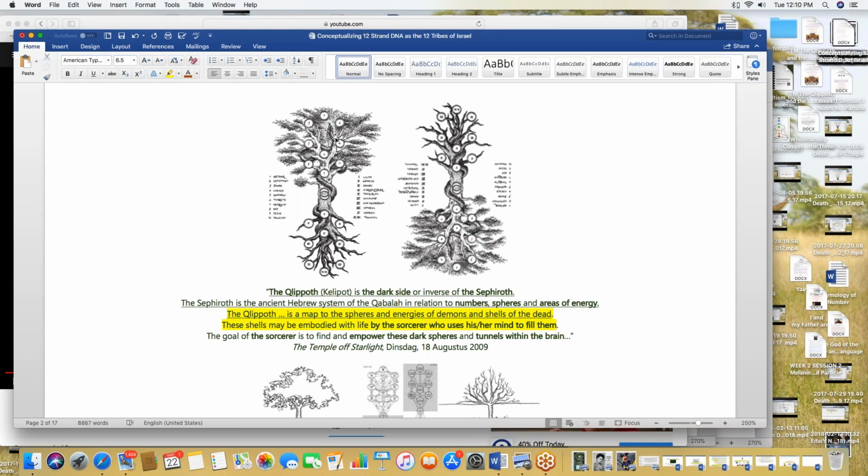And it's only when you enter through this forbidden one that you can access the rest of this fruit. It is 9, plus the hidden one is 10. Those are what's called the klipot.